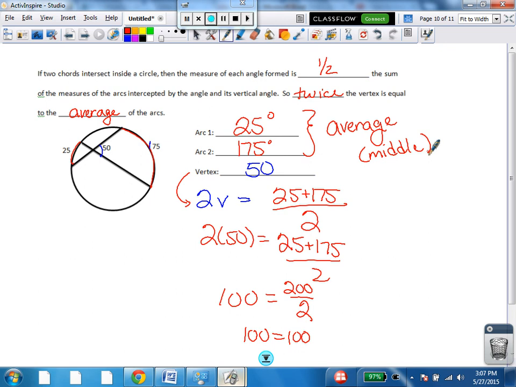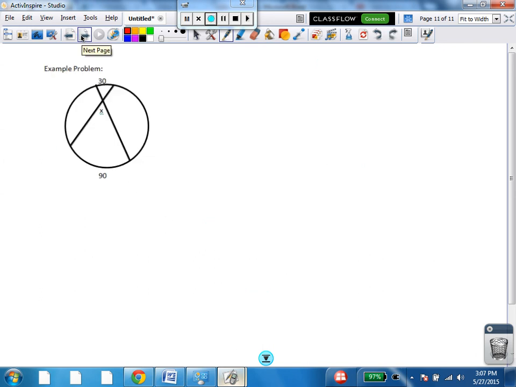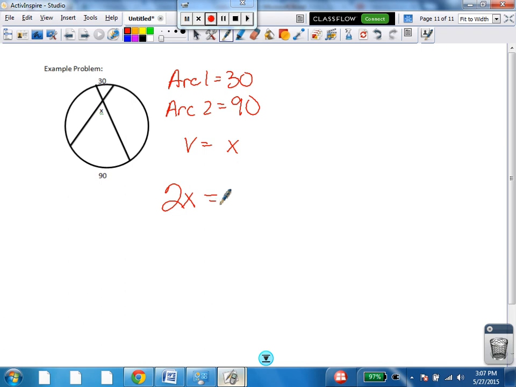Let's try an example problem. So the example problem, I have the 2 arcs, arc 1, we're just going to say is 30, arc 2 is 90. The vertex is x. Put in an equation. 2 times x is equal to 30 plus 90 over top of 2.